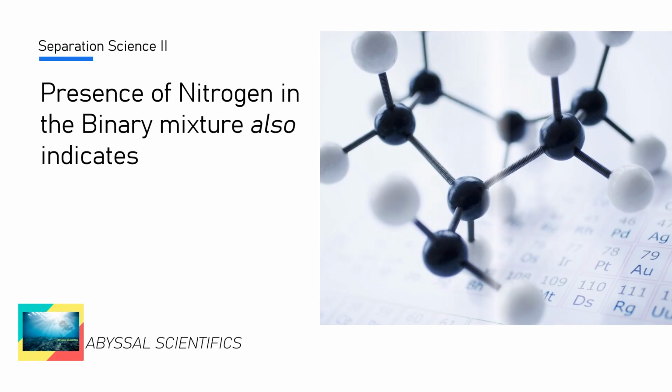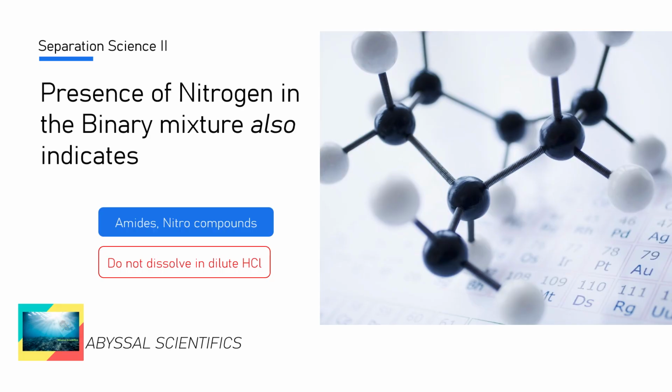While the three groups of nitrogen containing compounds present in a binary mixture are soluble in dilute aqueous acids, the other group, such as amides and nitro compounds, are insoluble in dilute hydrochloric acid. Although they contain nitrogen, they are not basic, they are neutral.